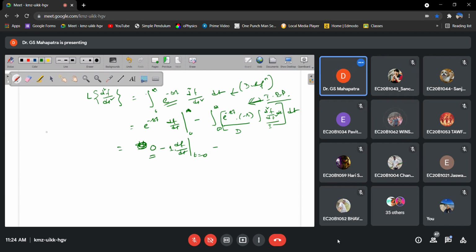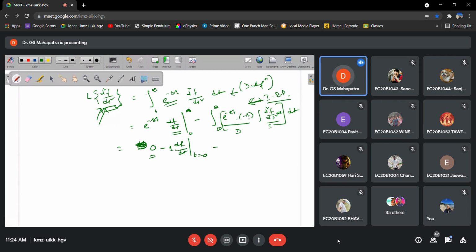The function should be defined and its derivative should exist. Otherwise you can't find the second derivative. If the first one does not exist, how can you find the second one? So if this one exists, then the second one can be found.